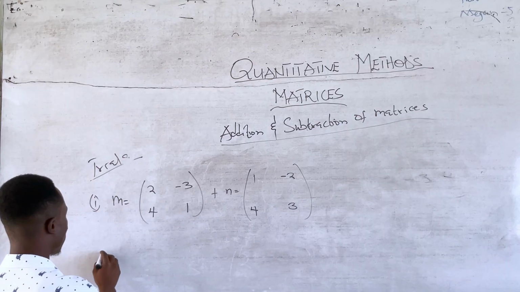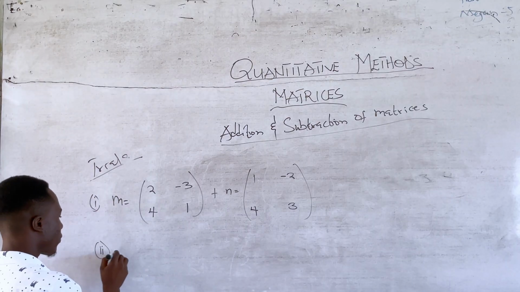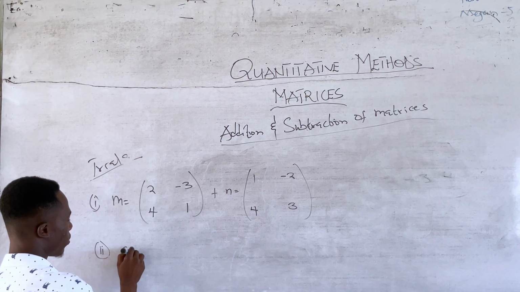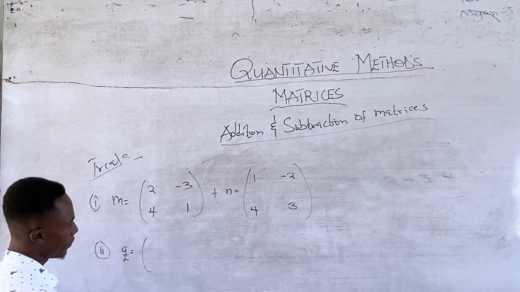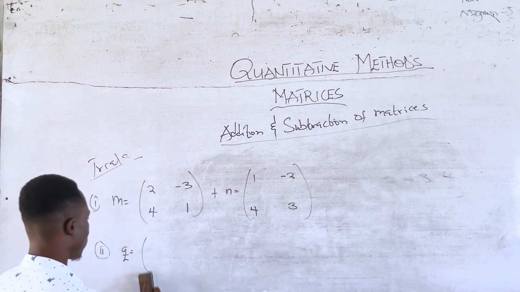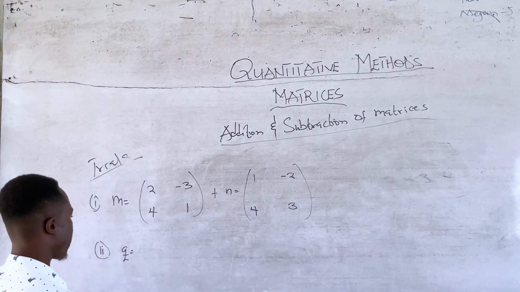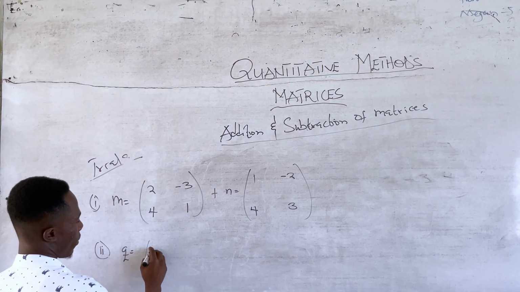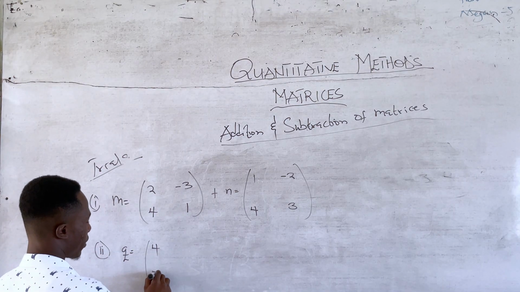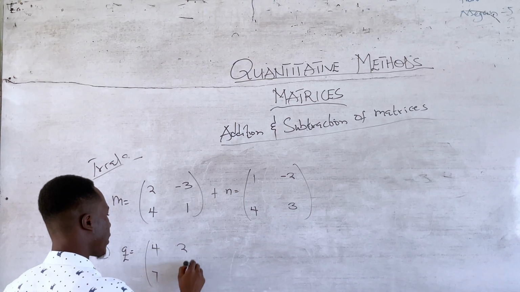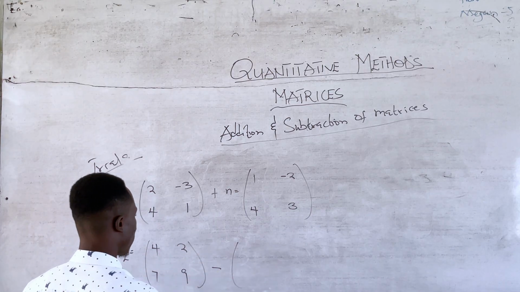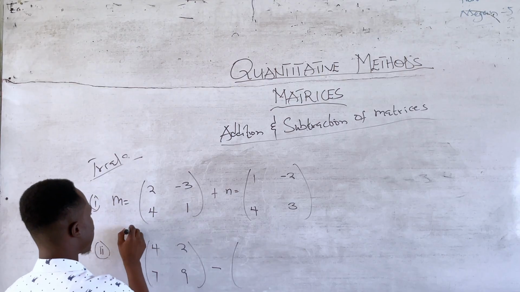This is the first one. Then the second one is Q equals 4, 7, 2, 9.